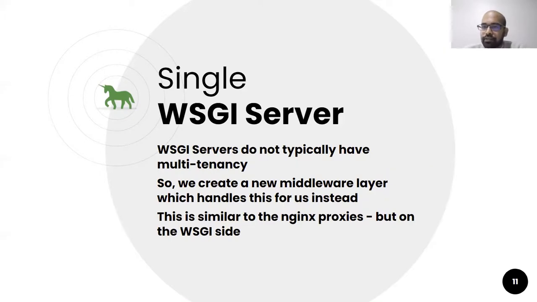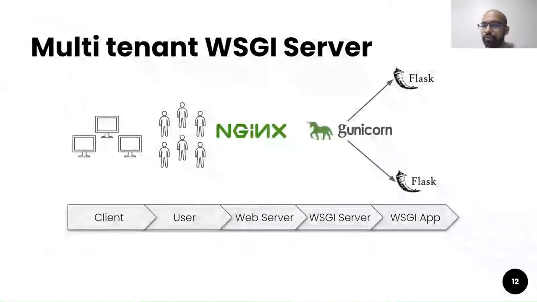So the typical answer to this kind of thing is, hey, why don't we just create a middleware which will handle these things for us? So if we want to have a single instance of Unicorn, which is going to be delivering multiple Flask applications to your users, what we need to do is create a middleware which will be able to do the same routing that Nginx was able to do.